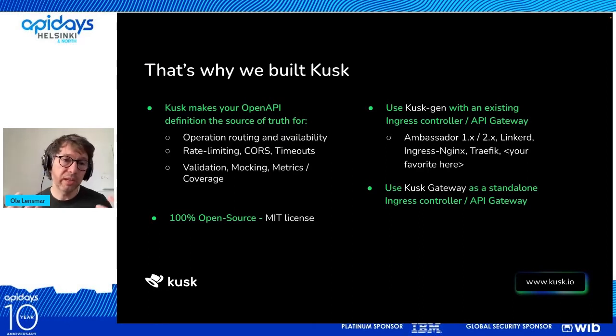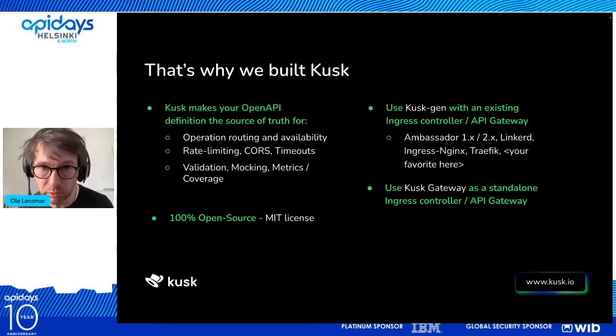But also, thanks to the metadata we have in OpenAPI, we can do a bunch of things out of the box, like validation, mocking, coverage calculation, and security. Thanks to all the metadata we have, we can automatically provide that functionality.